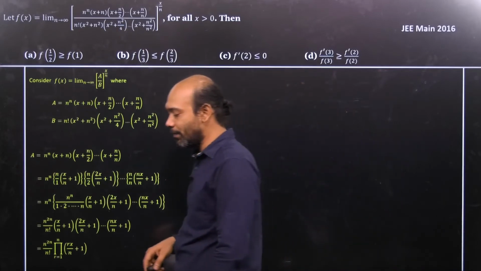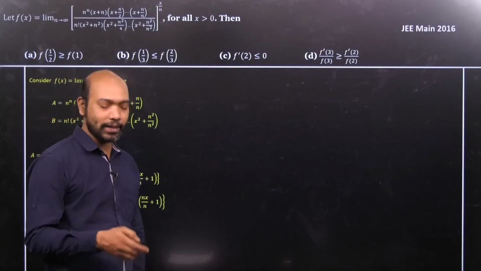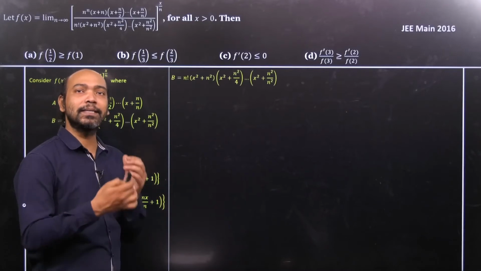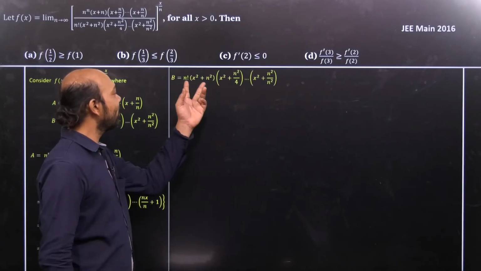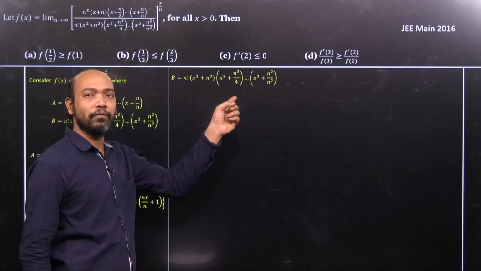Let's go ahead and simplify it. For the time being we forget about a and try to simplify b in the same approach. Here we write 1 plus something, taking n square common, then 4n plus 4 by n square common.